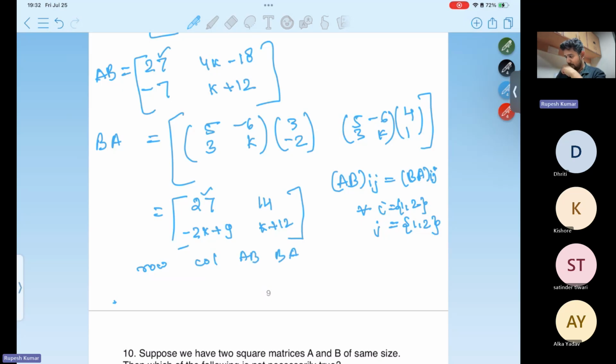Row 1 column 1, AB is 27, BA is 27, these are equal, fine.